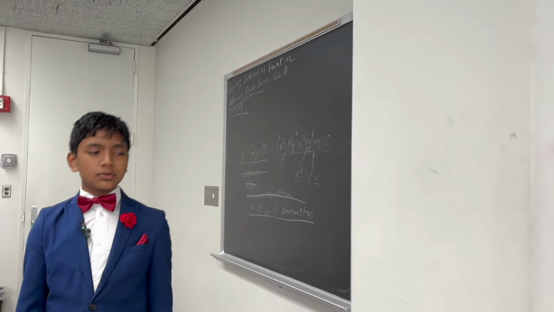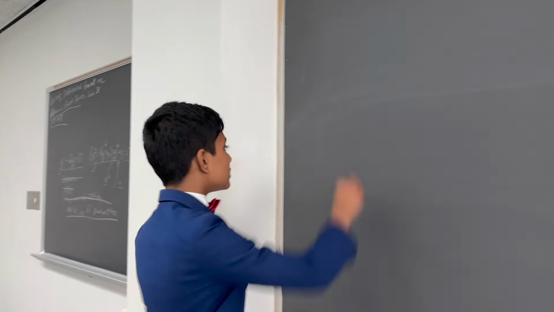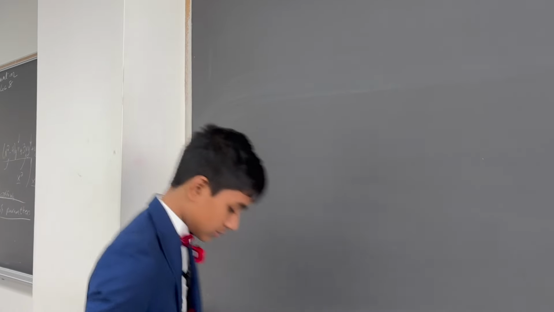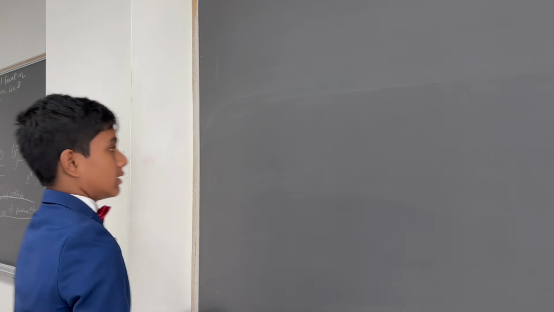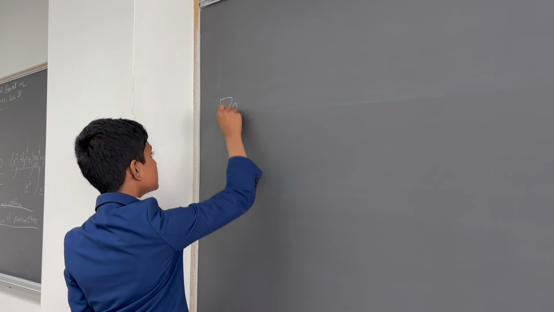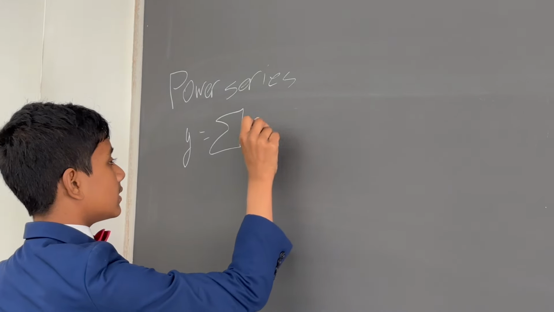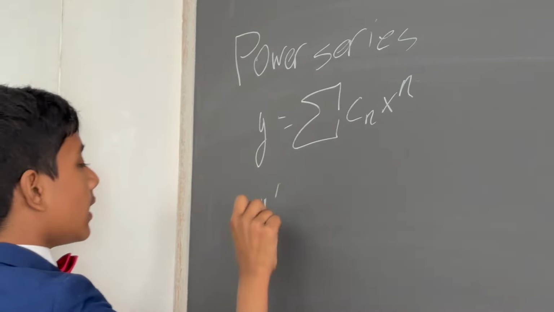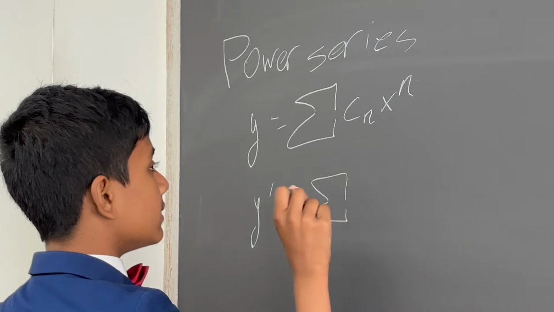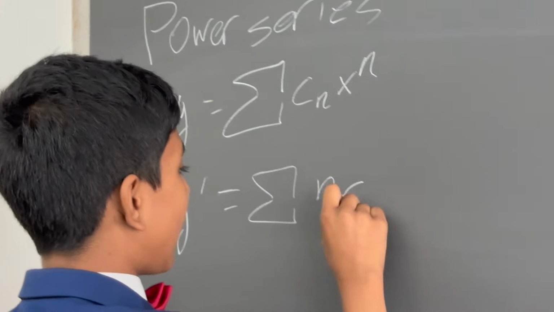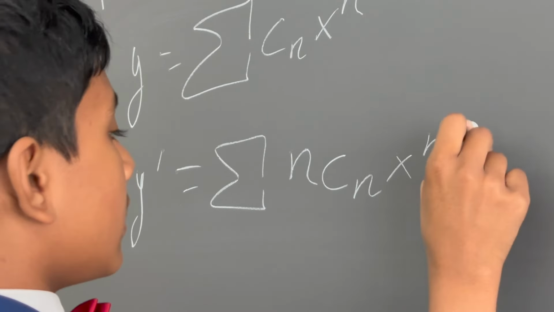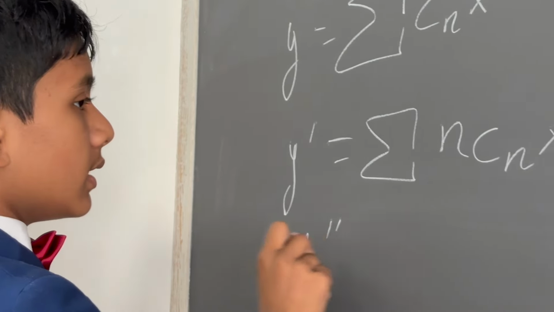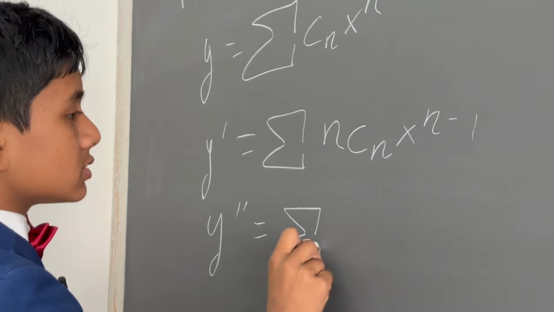So what's our only choice left? Well, our only choice left is power series. Let y be equivalent to this power series. And then that means that y prime is equivalent to this power series, and y double prime is equivalent to this power series.